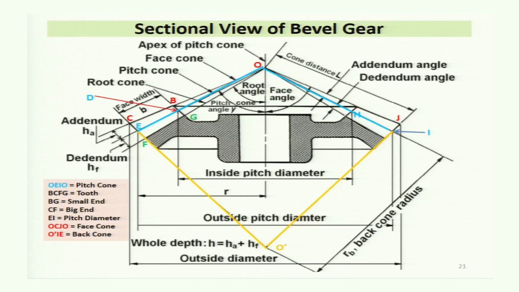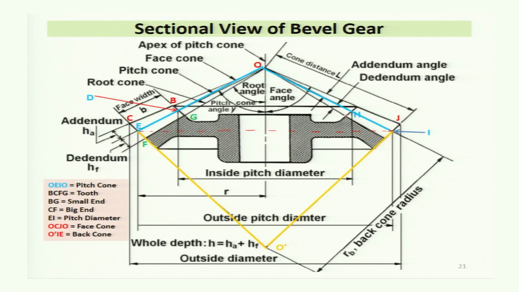This is the sectional view in which the different parts of the bevel gear are shown. OEIO is the pitch cone. You may join it like this. So OEIO is the pitch cone, and BCFG, B is representing a gear tooth.